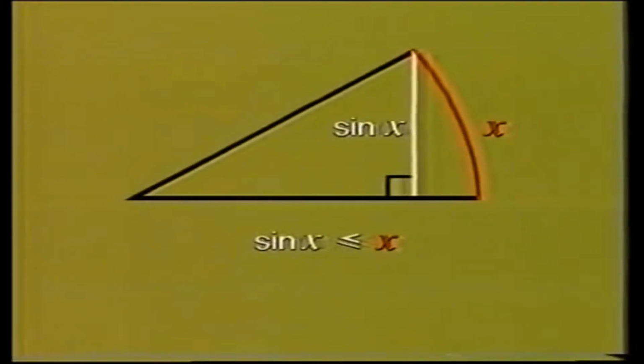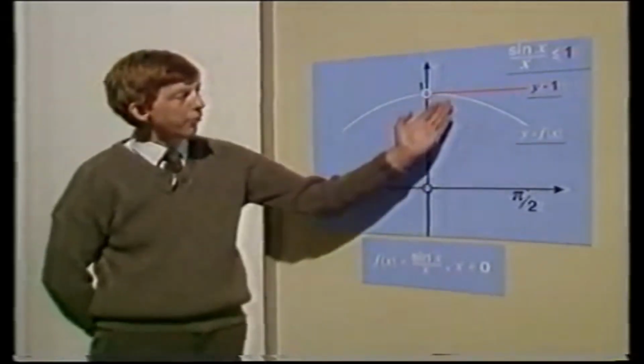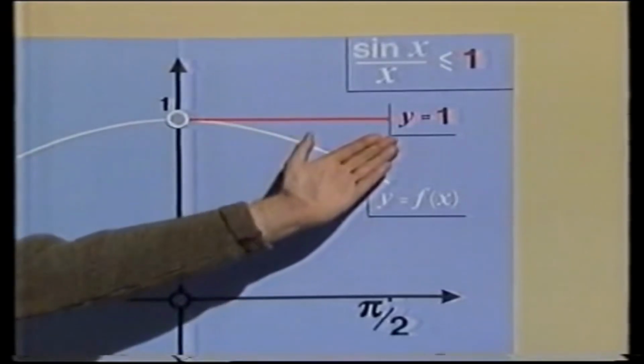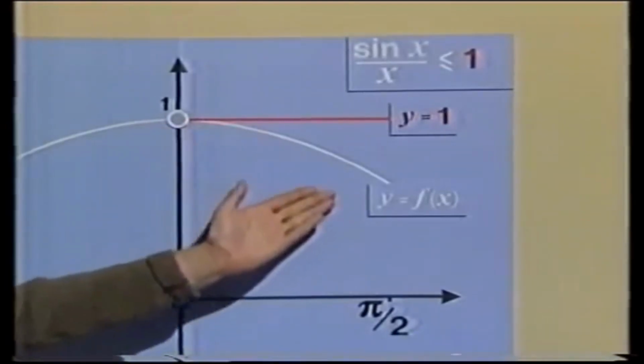The inequality is still true if you divide both sides by x, as long as x is greater than 0. In other words, then, sine x over x is less than or equal to 1. So we've proved that sine x over x is less than or equal to 1, at least for positive values of x.